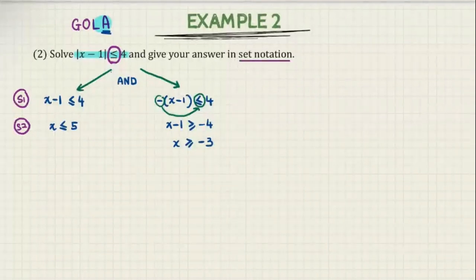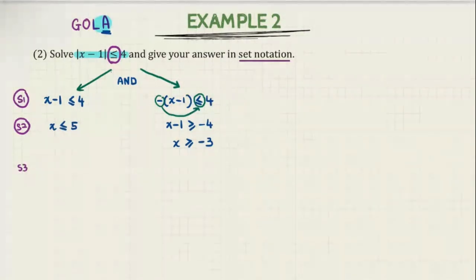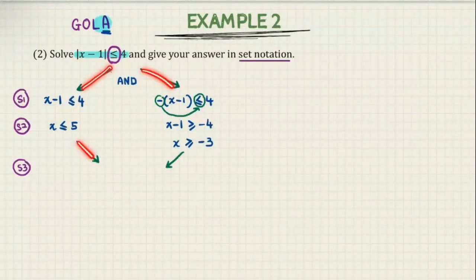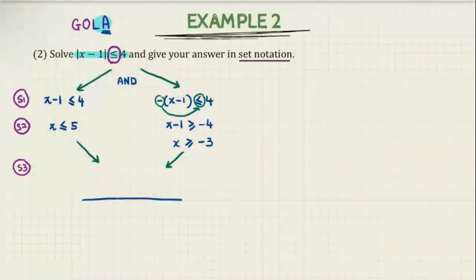Okay, so bila kita dah separate, so step yang ketiga tadi kita kena lukis number line. So gabungkan dia semula. So nampak tak? Setelah pisah dua, kita gabungkan dia kembali. Okay, so gabungan dia, start with the smallest number on the left is negative 3.